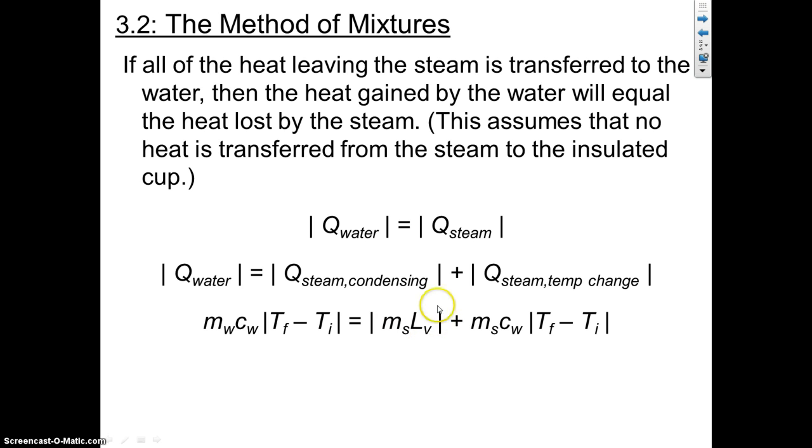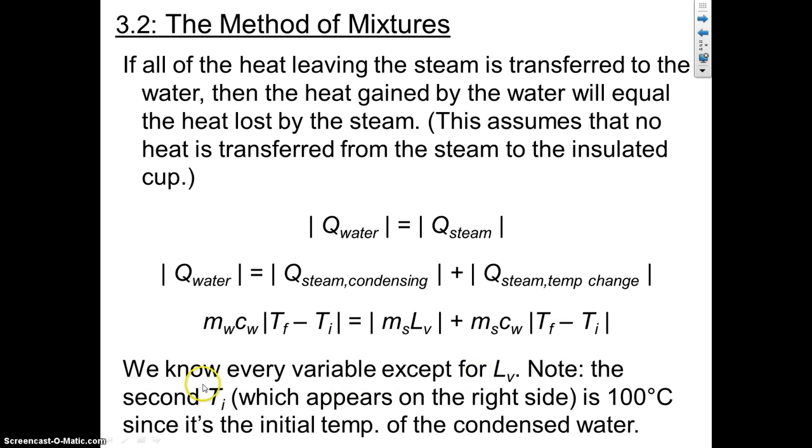This is the only unknown so far, LV. We said that this is equal to this, and we know T_I, the initial temperature of the 100 degree water, is 100 degrees. The steam condenses as 100 degree water, and then that 100 degree water starts at that temperature and cools till it reaches the final temperature we measure. So we know every variable but LV, this. Okay?